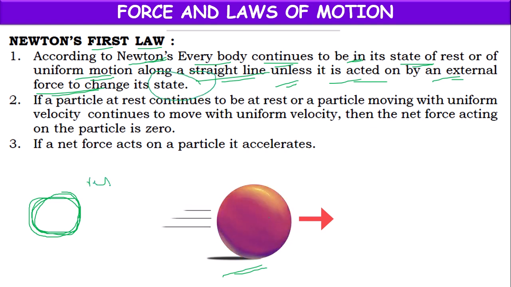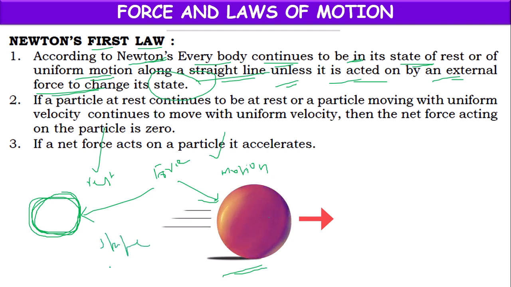It may be a state of rest or uniform motion; up to the moment a force acts on it, it will continue in the same state. So to change its state, we have to apply an external force. Newton's law tells about this.